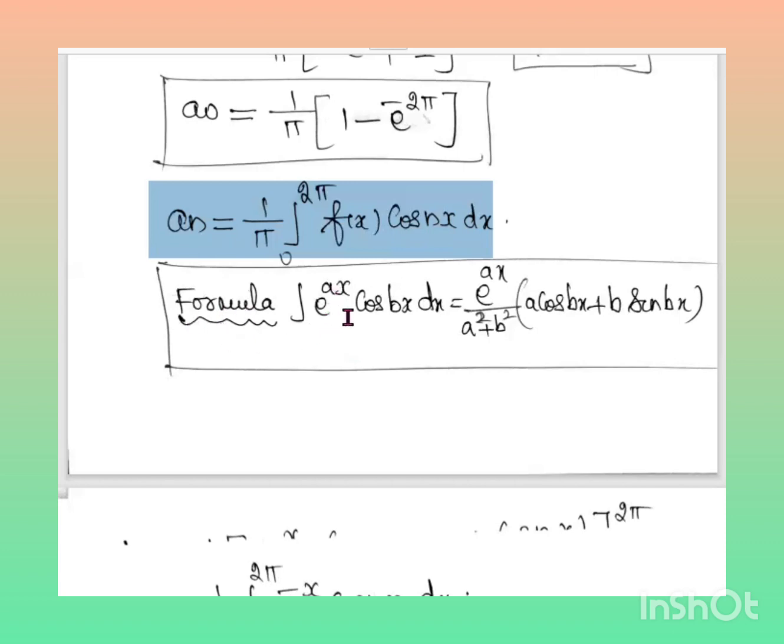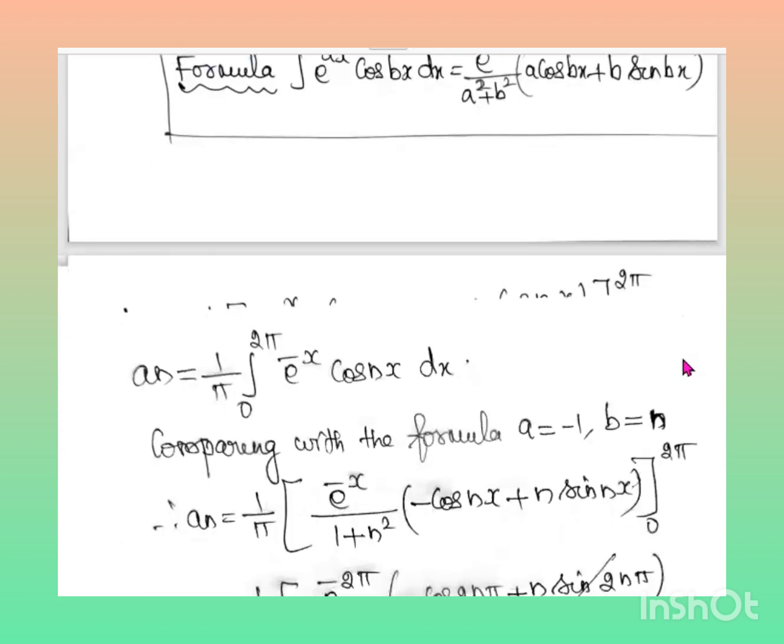Integral of e^(ax) cos bx dx is equal to e^(ax) divided by (a² + b²) into (a cos bx + b sin bx). This is the formula, so you can compare with the original. an = (1/π) integral from 0 to 2π of e^(-x) cos nx dx.